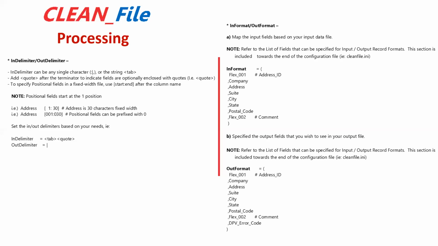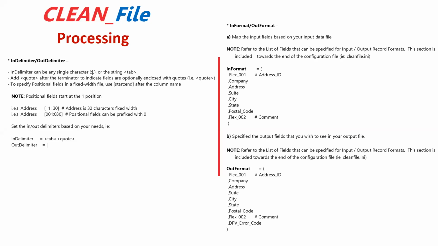And if you look at the cleanfile.ini that is existing in your bin directory right now, you will see the fields from cleanfile.dat listed in the in-file parameters and the columns that are in the cleanfile.out listed in the out file parameters, as well as the delimiters in both of those files.